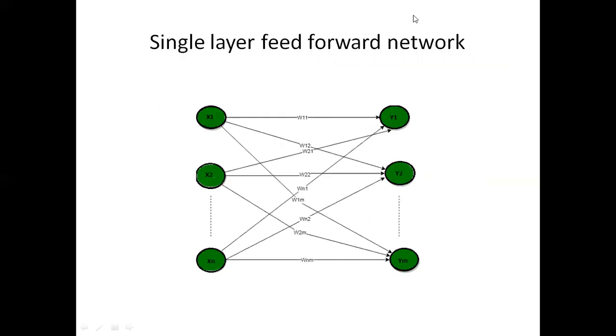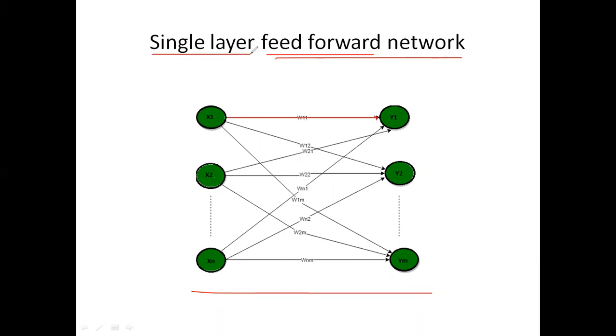If you observe, this diagram is for a single layer feed-forward network. This is one kind of network. This network is feed-forward, which means, as I have already mentioned, the connections between these two layers go forward, towards the right side. So that's why this network is called a feed-forward network.